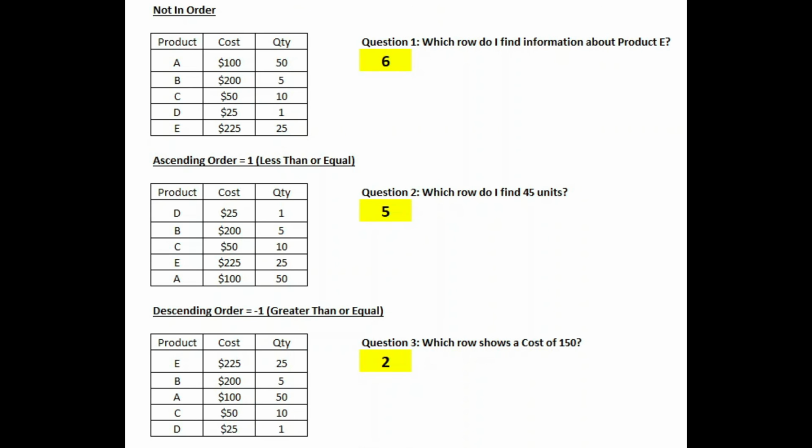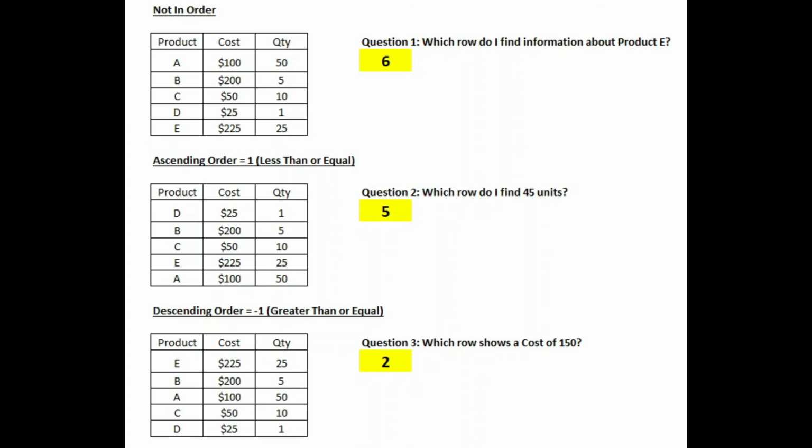Let's recap our 3 examples that we just completed. In our first example, we used the 0 match type. We told Excel we wanted to know the location of our lookup value exactly, or we don't want Excel to give us anything.